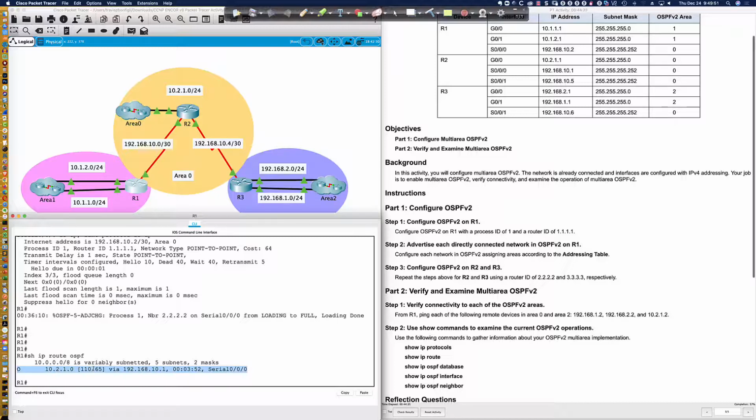It will see that as an O, an intra, not inter, an intra area route within the same area, because router 1 has an interface. So router 1 is like, yeah, I'm in area 0. So I'm going to see that as an intra area route, not an inter area route.